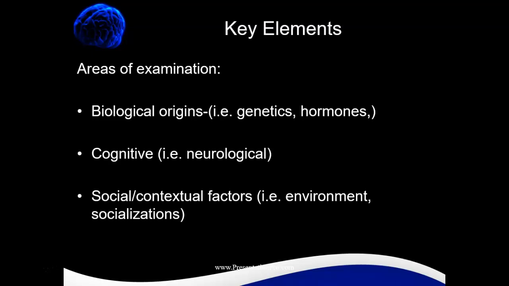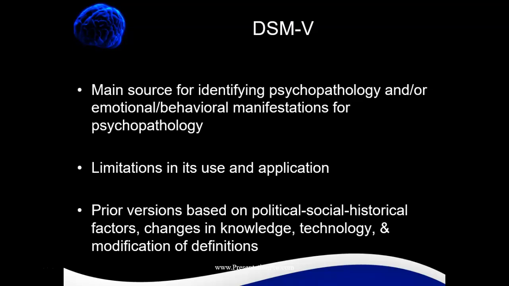And so we're looking at these areas for differences that may impact functioning. We're also looking at social and contextual factors such as environment, and how people are socialized. So again, when you're examining abnormality and functioning, you're looking at the biological, cognitive, as well as the social implications.